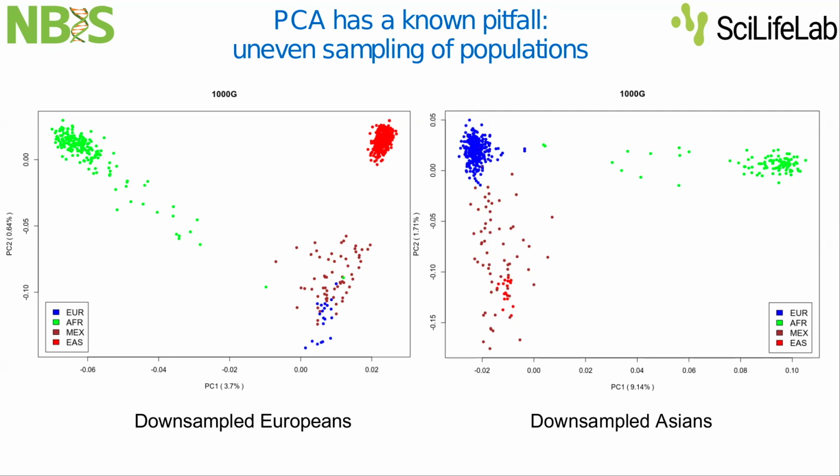Otherwise, if you are using PCA for this purpose, there can be misinterpretations, where the query population can end up wherever, so it gets attracted to an undersampled reference cluster.